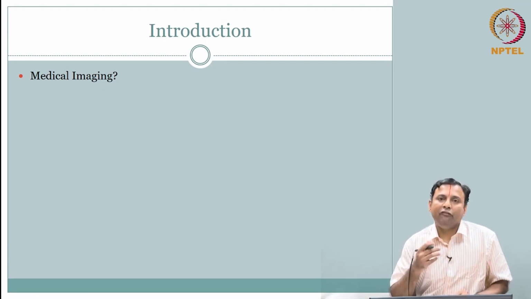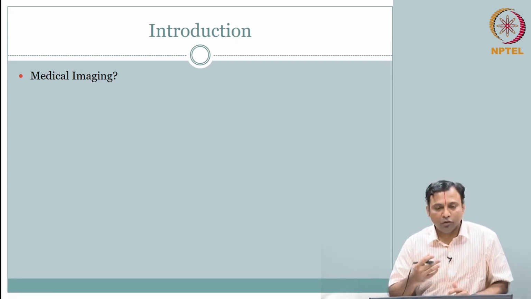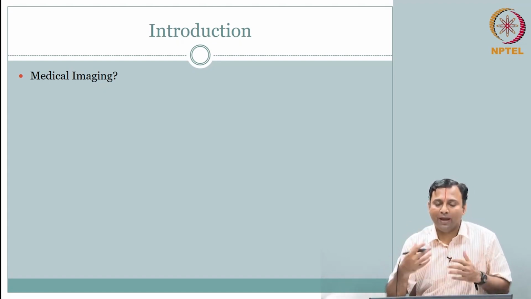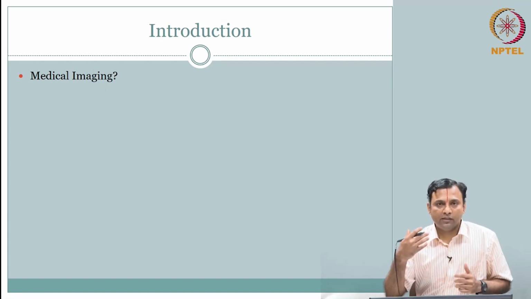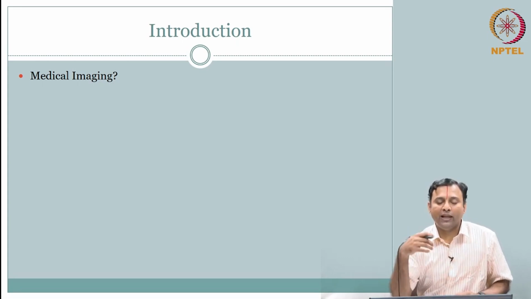That is the key. Visualizing it, seeing that as a form of an image. Of course, it can also be three-dimensional, it can be a movie, it can be time lapse, but for simplicity, let us just say you are extracting some spatial distribution of these parameters that is to do with your human anatomy and physiology and visualizing it, right?